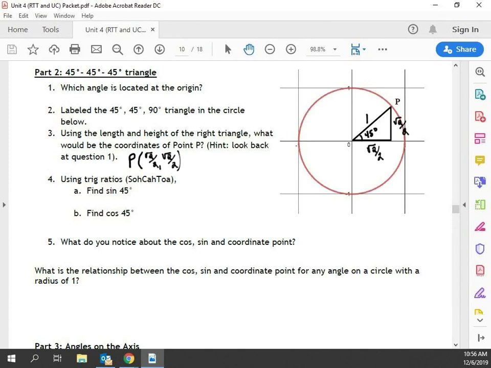It's the same distance this way. Okay, why is that? You guys are so close. There's just one thing I need to hear. Why would you think the coordinates of 45 degrees have the exact same x and y value?